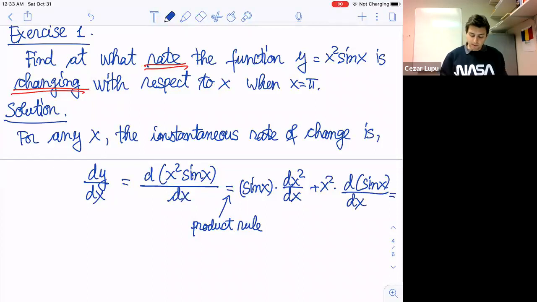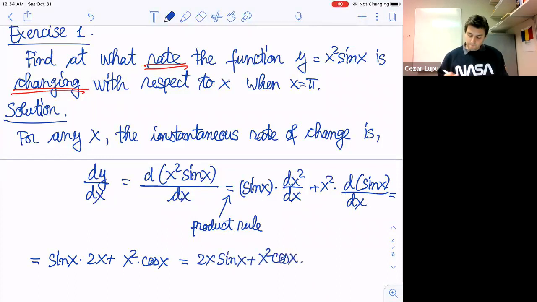And this will be equal to sine of x times 2x plus x squared times cosine of x. And let's write it in this way, 2x sine of x plus x squared cosine of x.